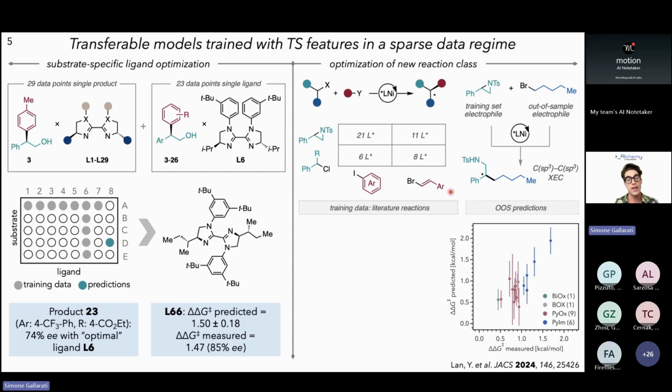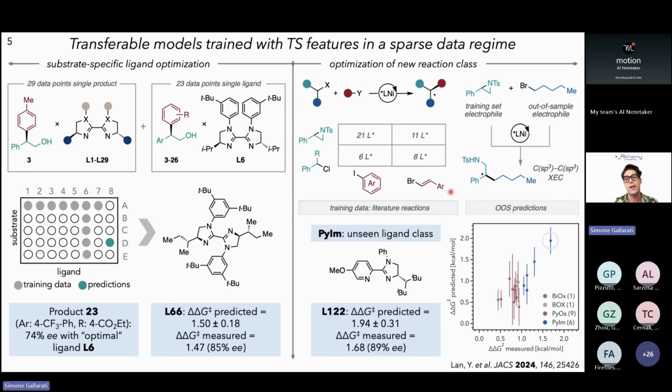Our model actually gave good out-of-sample predictions on this transformation, and most importantly, it was able to identify a ligand class that was best performing in this reaction. I want to emphasize this because this particular ligand class was entirely unseen in the training data, so it had not been seen by the trained model.